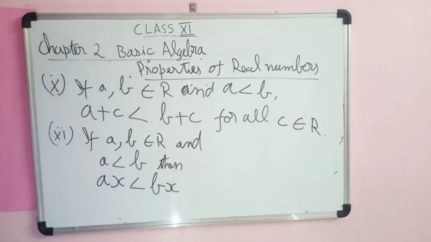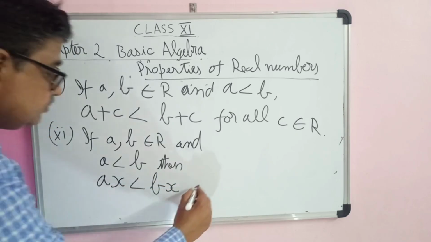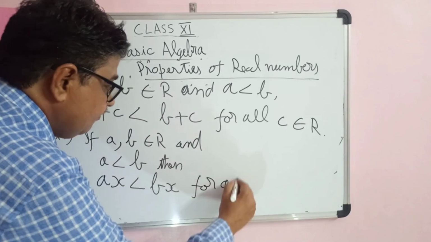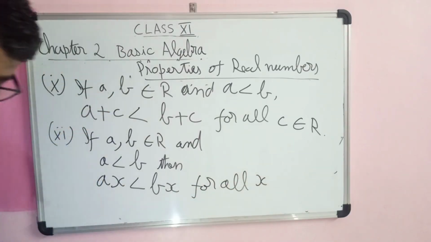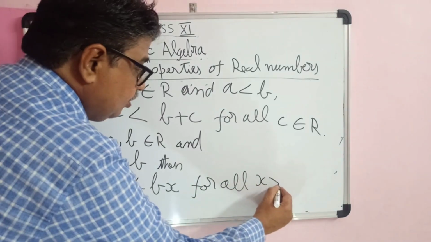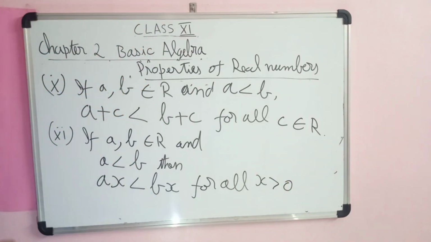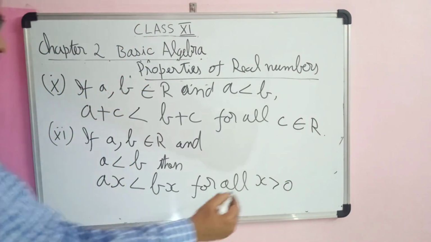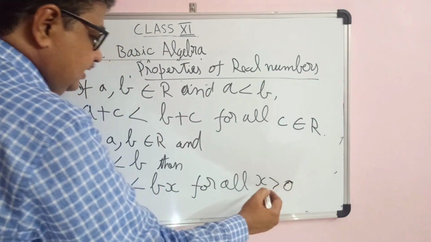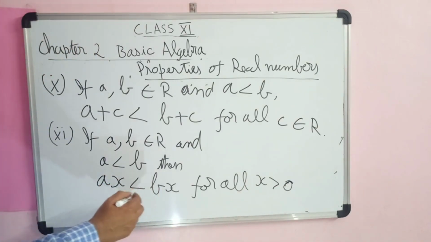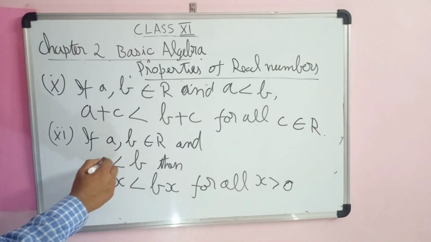This holds good for all X greater than 0. X greater than 0, AX less than BX, right? Here A is less than B.